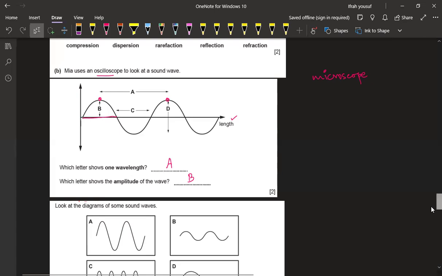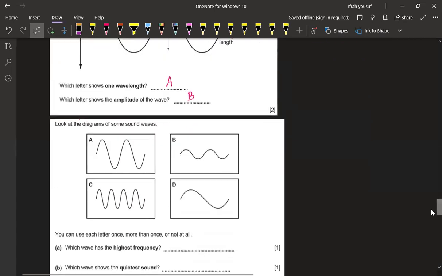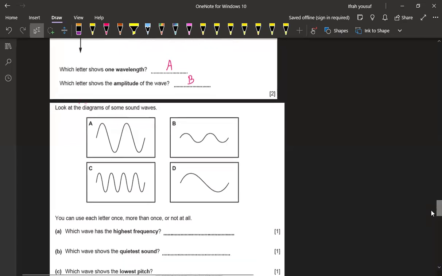After that, look at the diagrams of some sound waves A, B, C, D. You can use each letter once, more than once, or not at all. So which wave has the highest frequency? Highest frequency means there are more number of cycles, more number of vibrations. Among these waves, one wave is completed here, two, and then three waves, and then four waves are completed in this waveform.